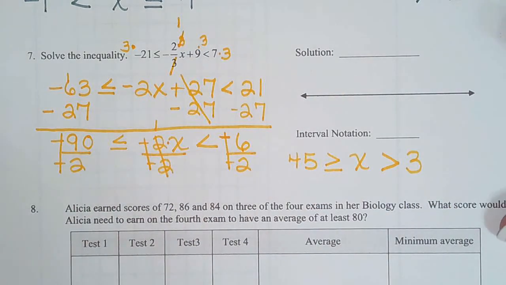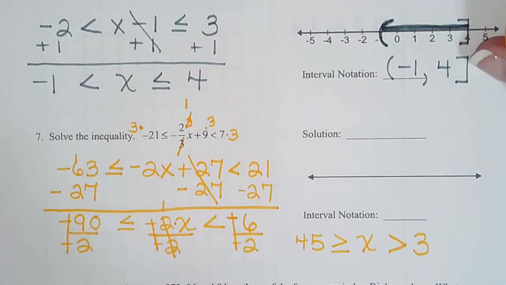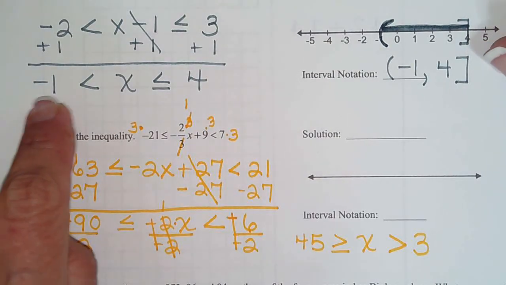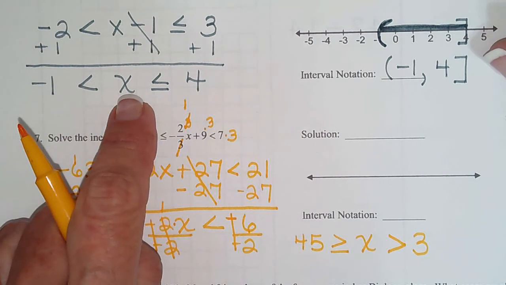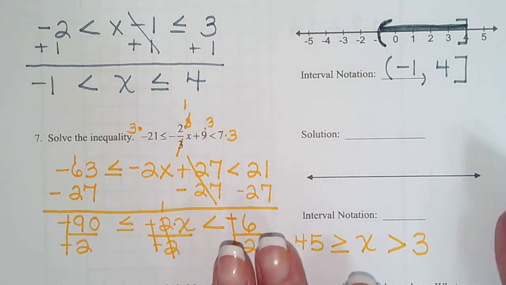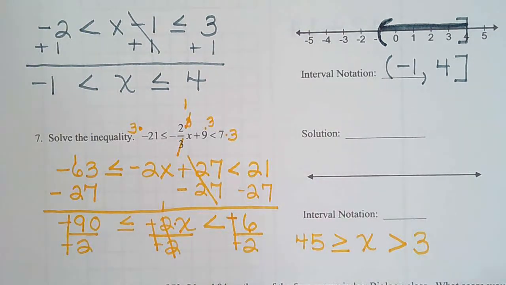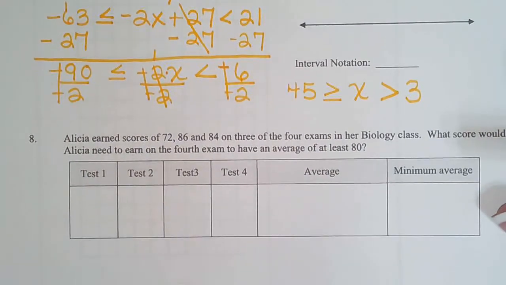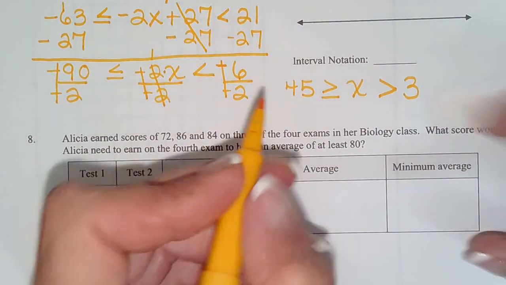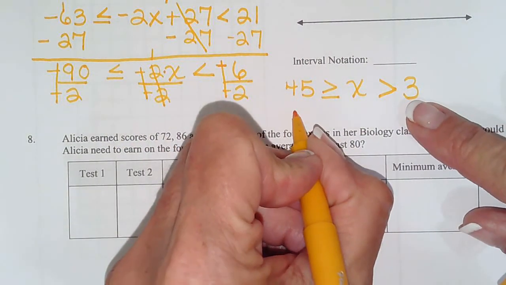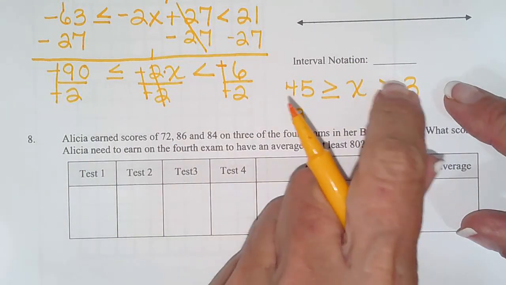So now what the problem is we don't have our smallest number first. See how you're supposed to have your smallest number first, a less than sign, your x in the middle, your largest number second. So I have to flip this whole thing over and just make sure I keep all the symbols the way they are. So 3 is the smallest, and see how it's pointing to the 3?